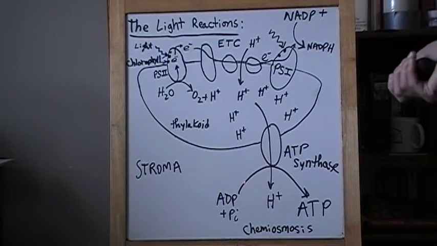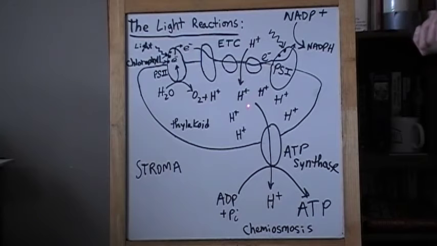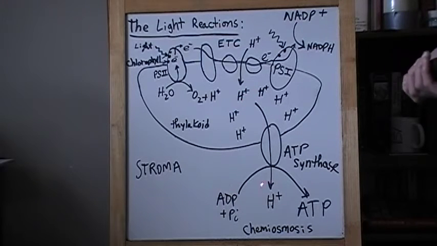So that energy, you can think of it as like water flowing down a hydroelectric dam. It's the same concept. You're taking the potential energy and using it to generate electricity, but in this case, the gradient of these hydrogen ions is used to make ATP.